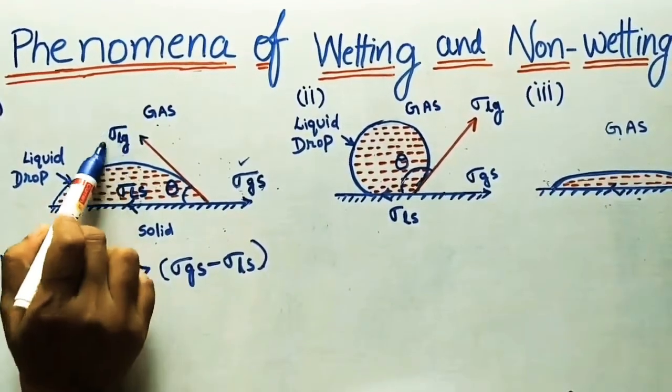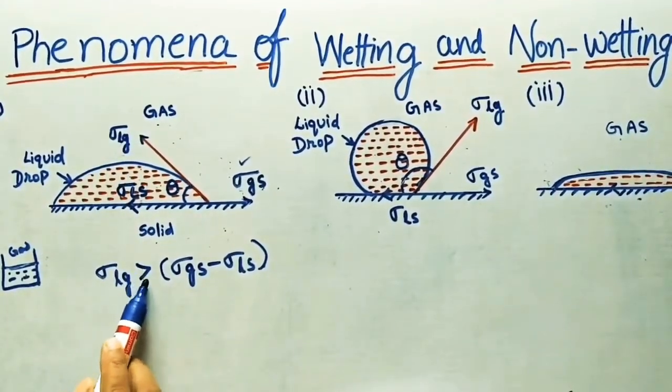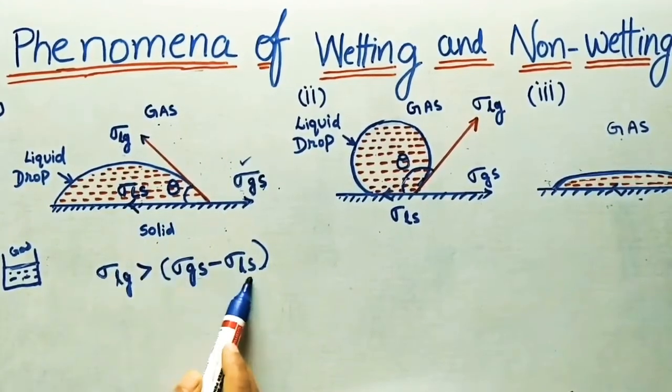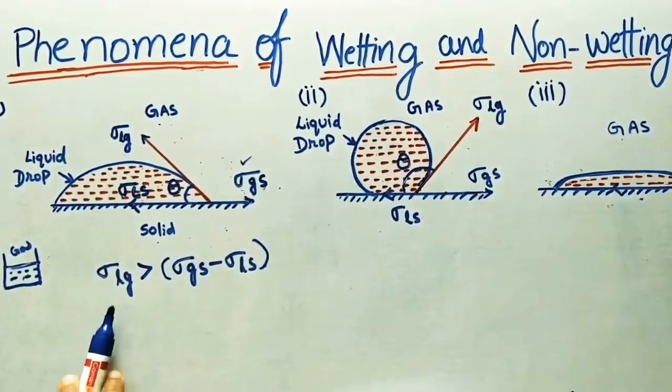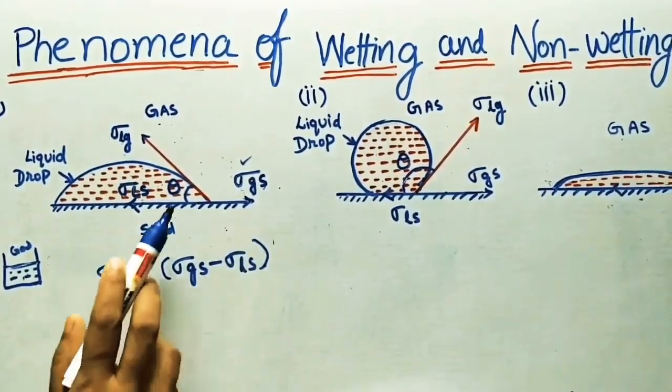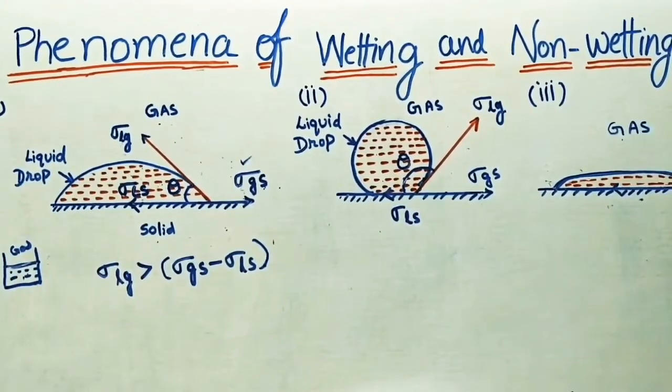Here sigma Lg should be greater than sigma Gs minus sigma Ls. At that condition this liquid droplet is in equilibrium.